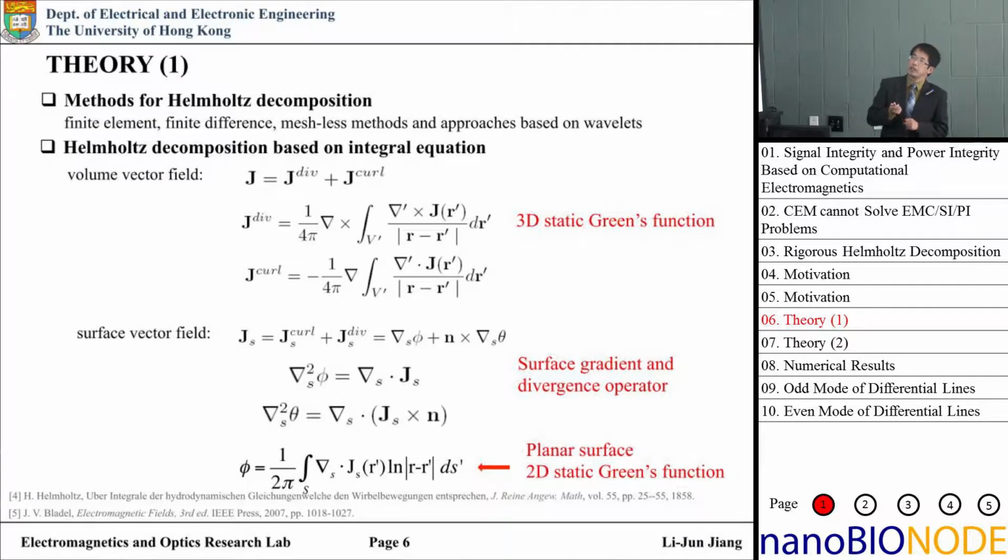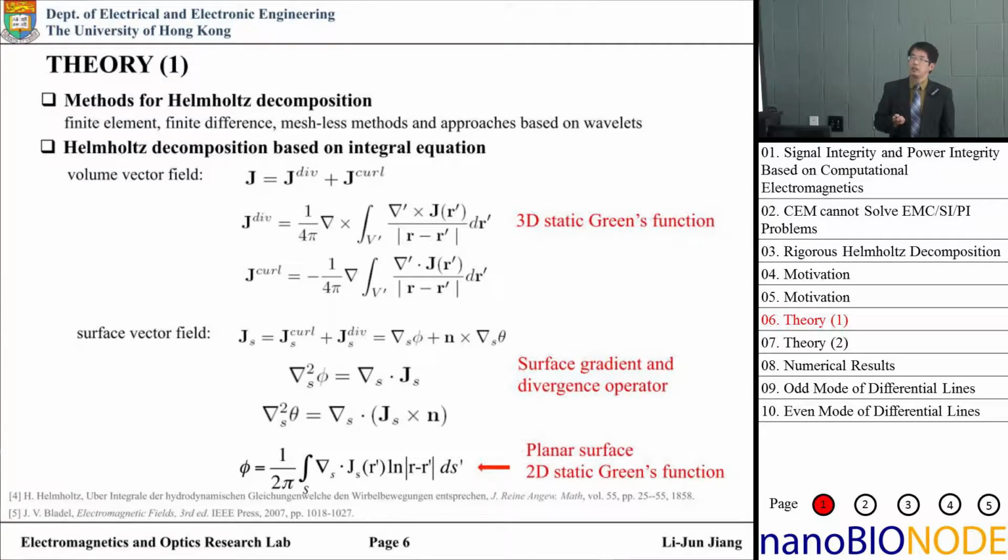Suppose we have a vector field and we have a divergence-free and a curl-free field. In the 3D case, you can rigorously derive that the divergence-free and curl-free fields can be written in this way, using the 3D static Green's function, even though it is a dynamic field. This is actually not good, because it means the divergence-free and curl-free currents or fields are populating all over the space.